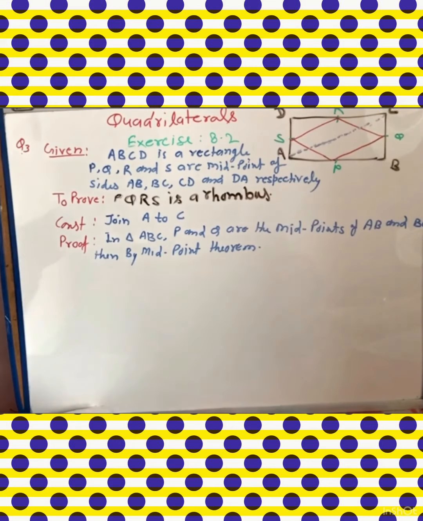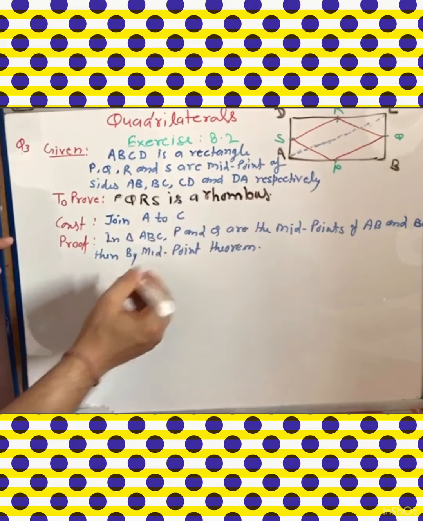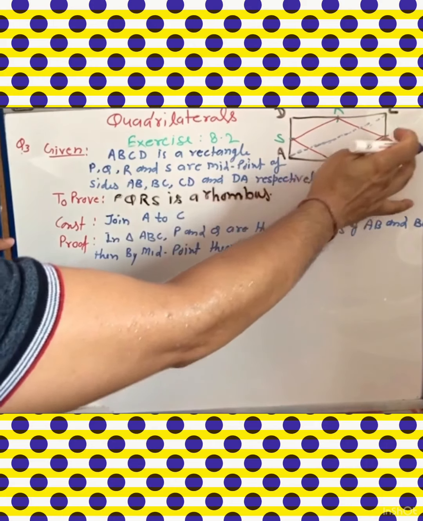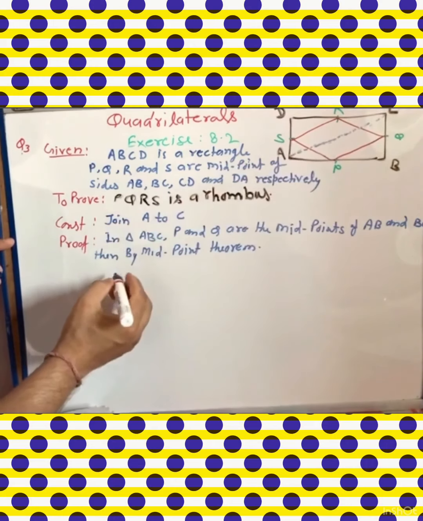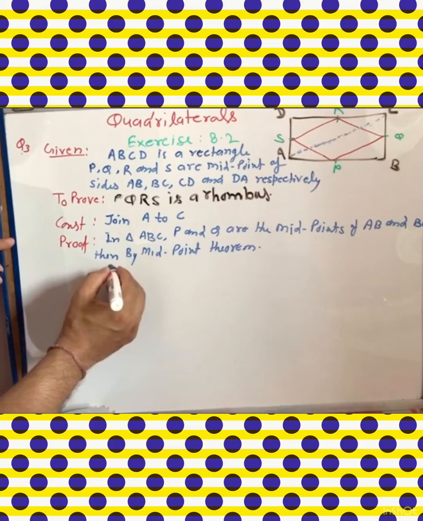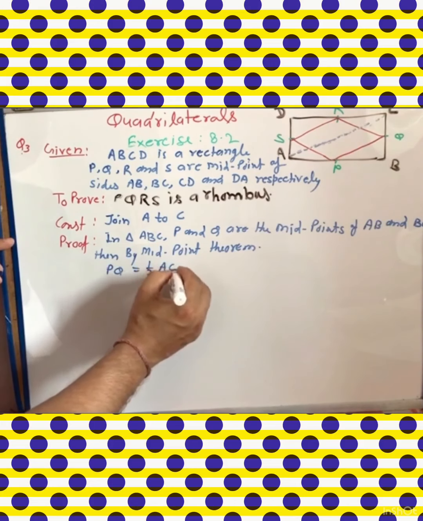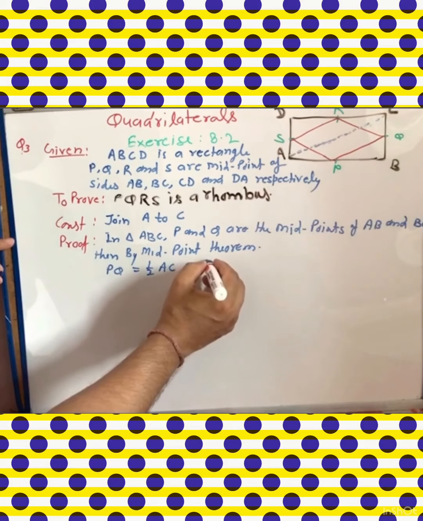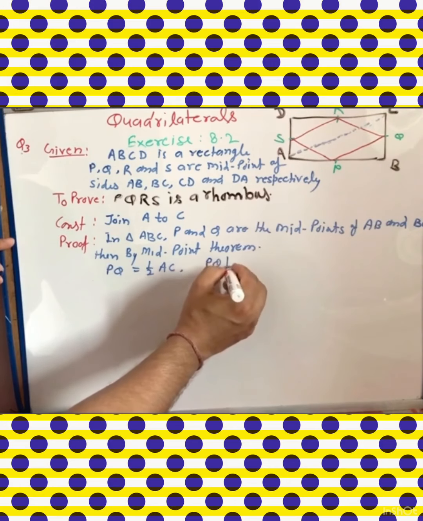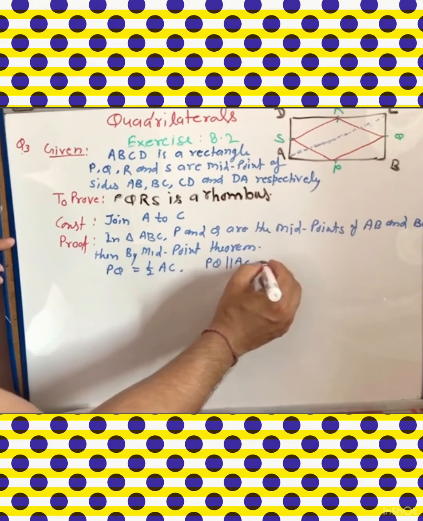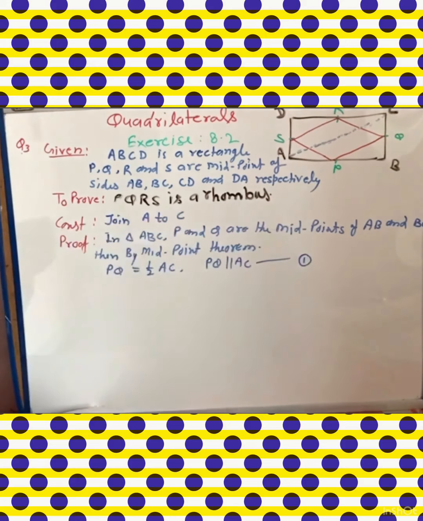So you will write here that this is the line PQ and AC. So you will write that PQ equal to half of AC and PQ parallel to AC. So this is the equation number 1.